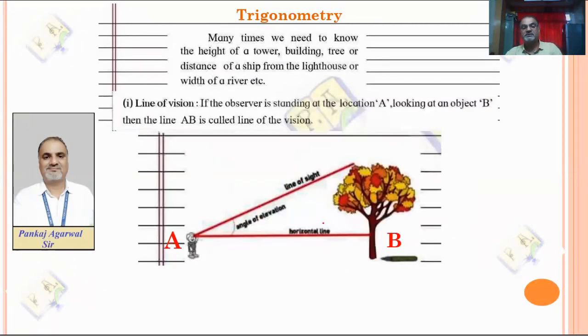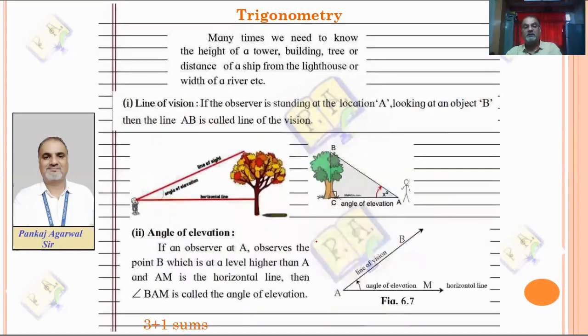Now whenever a person is standing, we require a line of vision. What is line of vision? Suppose a person is standing at A and he is observing a tree at point B. Then the perpendicular distance from the observer A to the object he is seeing is called the horizontal line of vision.